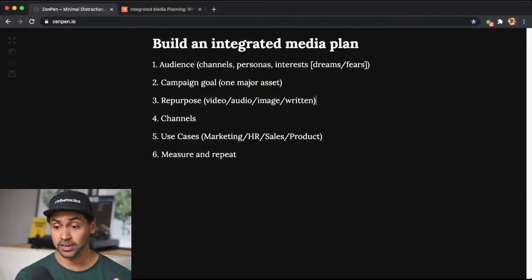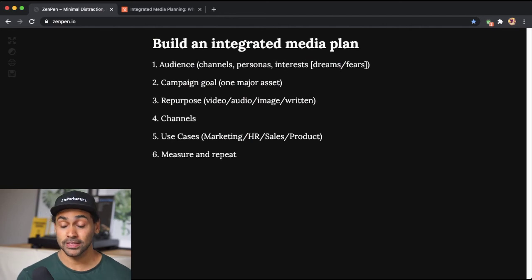It's just about what is most specific and most relevant for your specific industry and for your specific use case at this specific point in time with your specific resources. But as far as we're concerned, from what we see working with brands, video, audio, image, and written are by far the standard categories. I think that's the best way to put it.